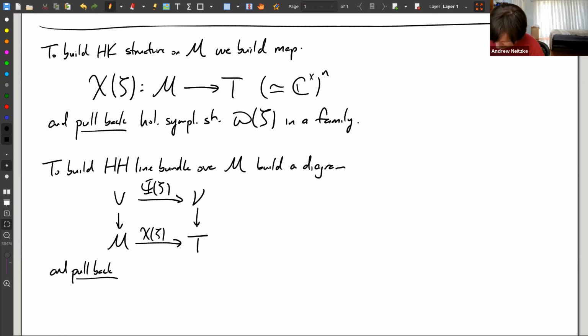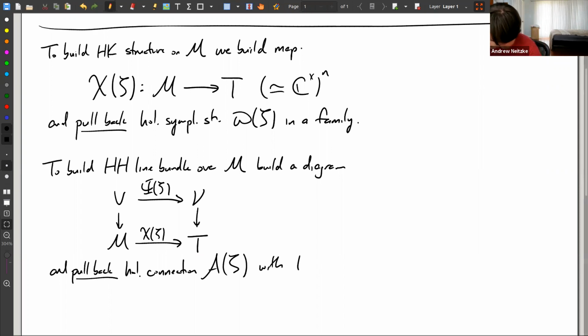So I'll say it this way: we don't just pull back the holomorphic symplectic form; we pull back the holomorphic connection, A of zeta, a connection in the bundle script V, to a connection in the bundle ordinary V.